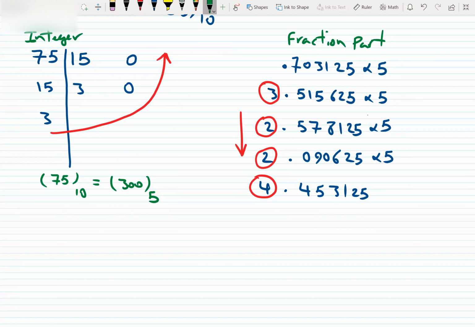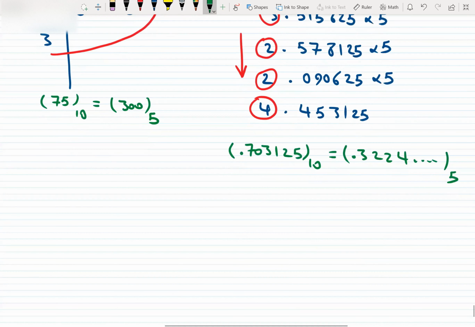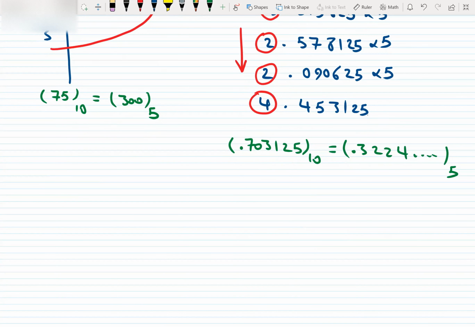So we can say 0.703125 in base 10 is equal to 0.3224 in base 5.